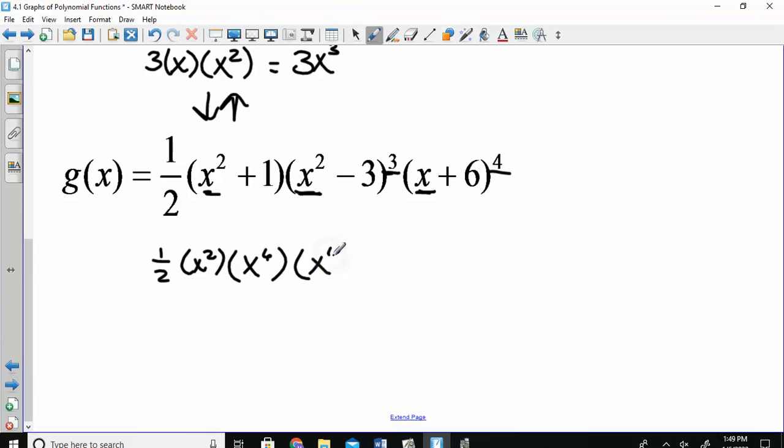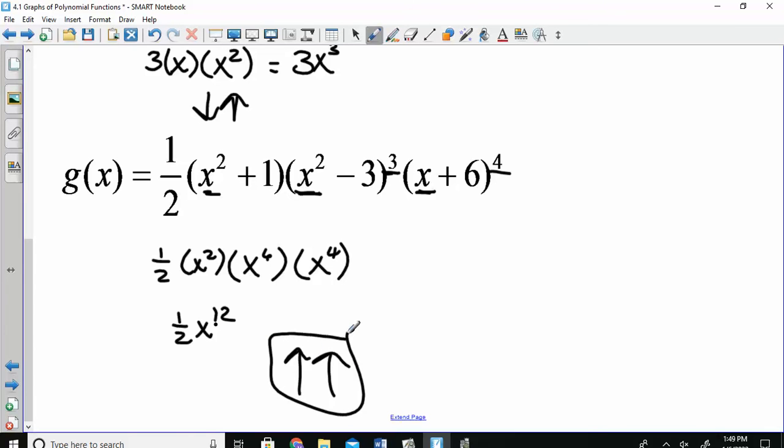So altogether we get 1/2 x to the 2 plus 6 plus 4 plus 12. So what's my end behavior? 12 is even. Evens go the same direction. It's positive 1/2, so go up, up.